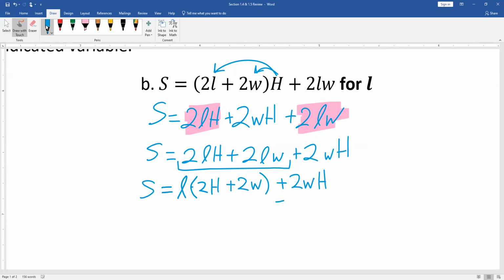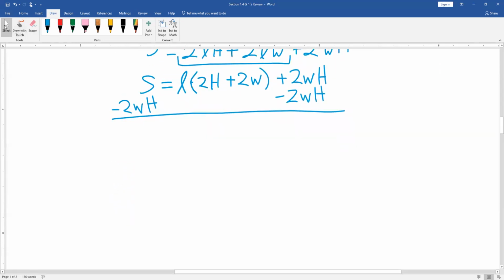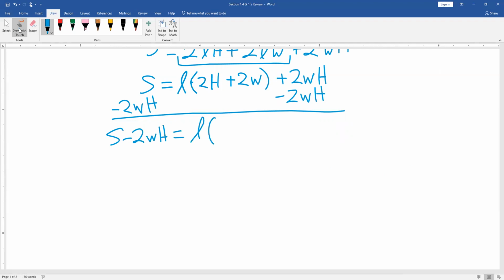So now I use my reverse order of operations, 2WH subtracted from both sides. And I end up with S minus 2WH, 2 times W times H, equals L times 2H plus 2W.